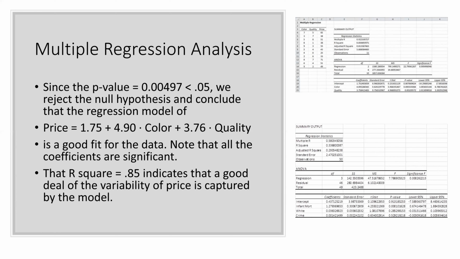You can see that the price has to do with color and with quality, and the coefficients come from the table on the right. And the overall fitness of the model is what? 0.000497. It's a very fit model, and you can see the R square and adjusted R square are both very high. So this is a good fit.